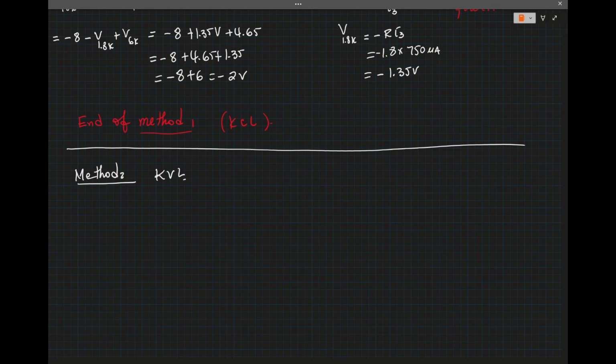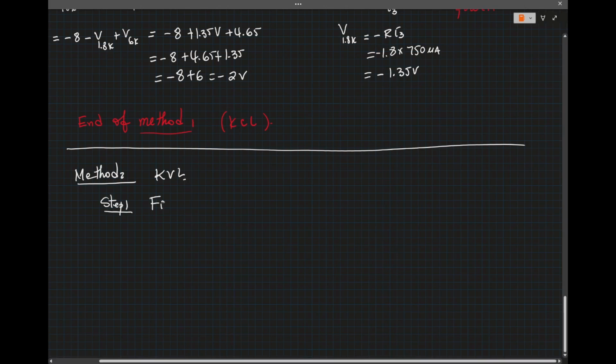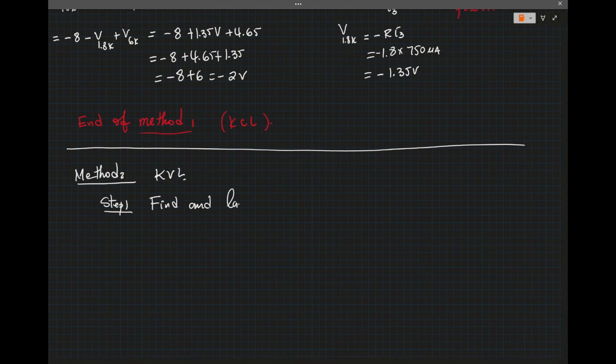Okay. So what are the steps? Right. So step 1. So find and label essential branches.